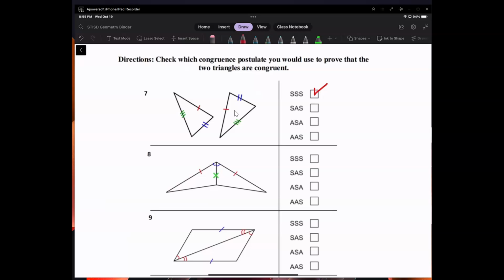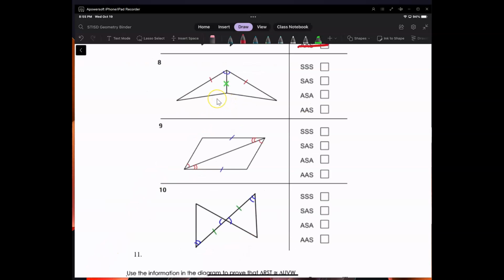Now, we can't use side, angle, angle, or angle, side, because we don't have a corresponding angle that is congruent with each other. Number 8, what we do have for this problem is we have this side congruent to this side because we have the markings that were given to us.